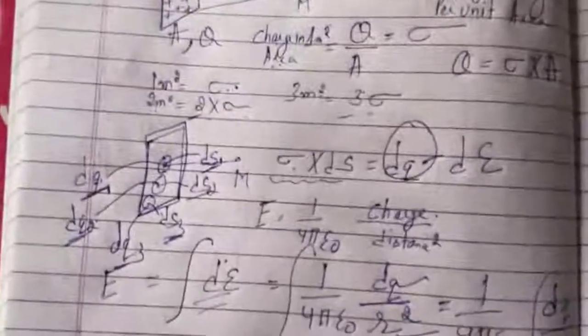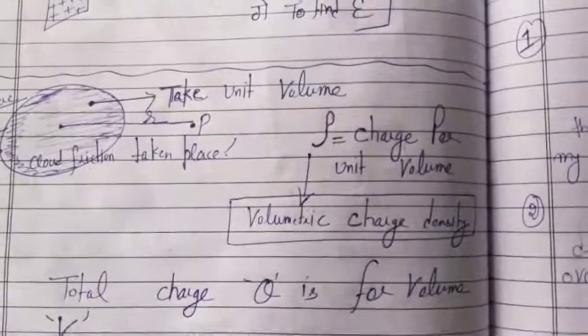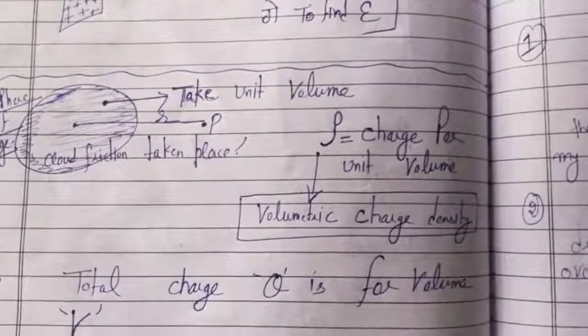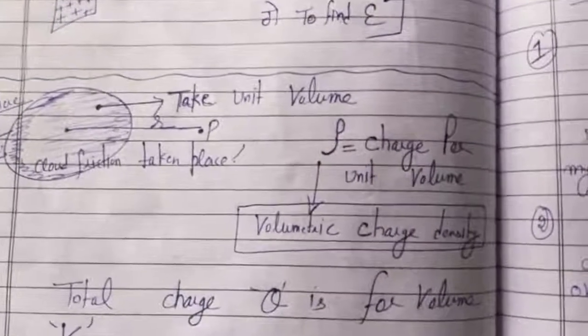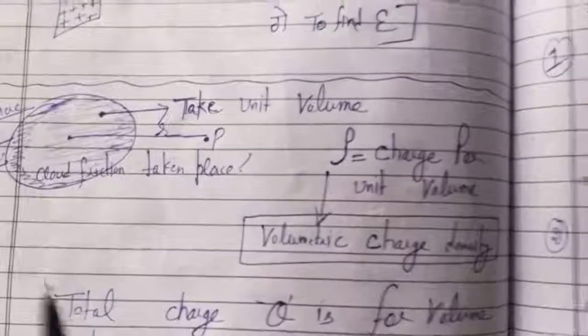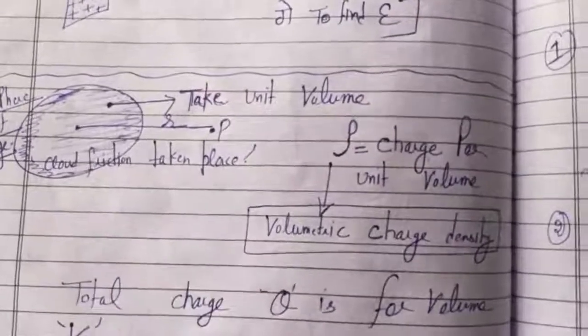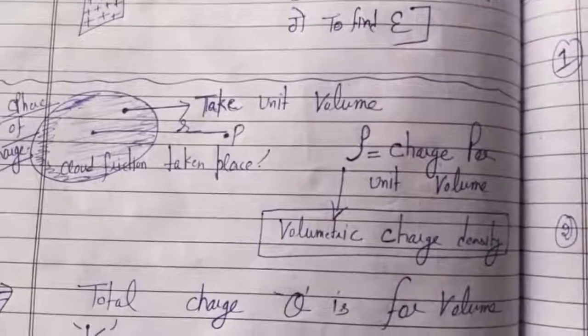So make it clear. Now suppose the charge is distributed over some volume. Then how can you find the total electric field? Suppose you take a sphere of this charge. That means it is having some volume.